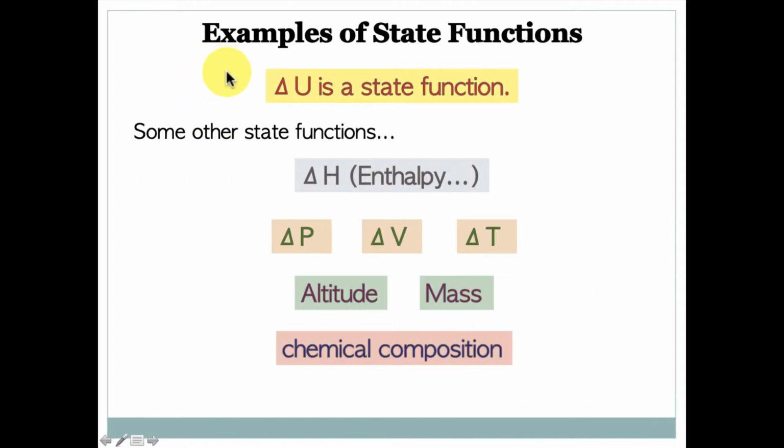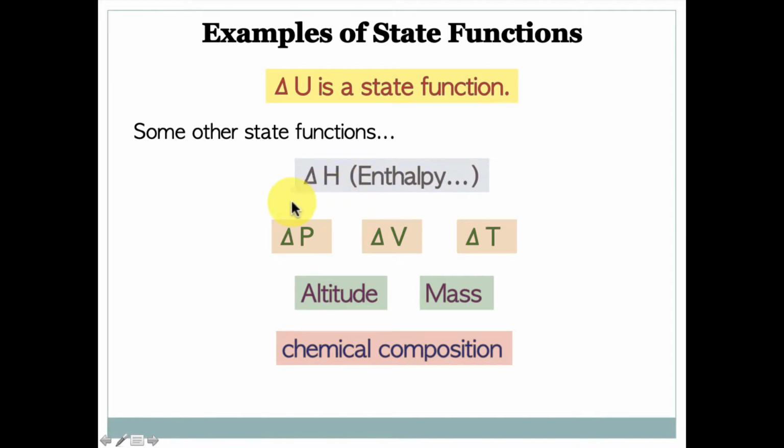These are some other examples of state functions. The change in internal energy, delta U, which can sometimes be written as delta E, is a state function. Another big one that we are going to talk about is the enthalpy.